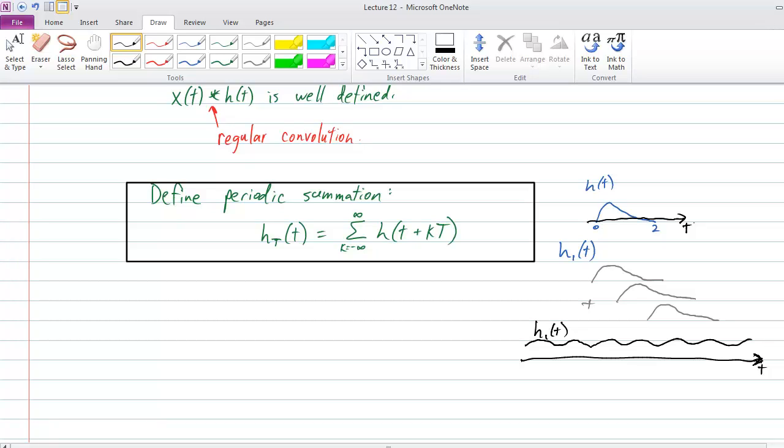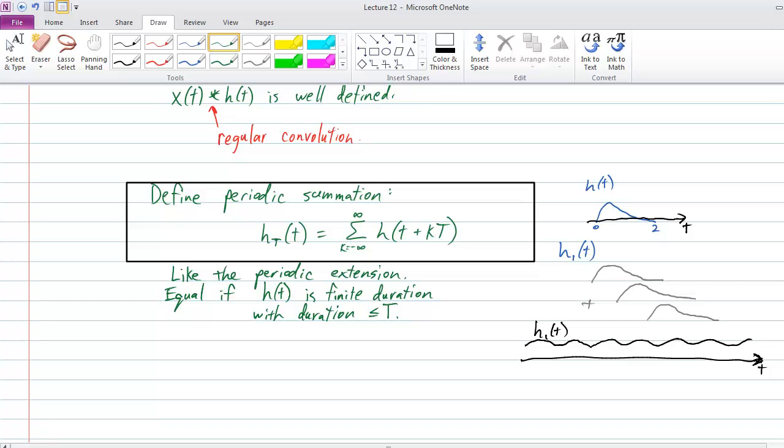Yeah, so if h was only contained on the interval from 0 to whatever period I wanted, 0 to 1, and was 0 everywhere else, if it was finite duration within that limit, then the periodic summation would be equal to the periodic extension.